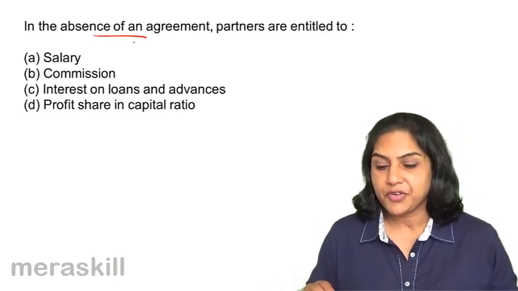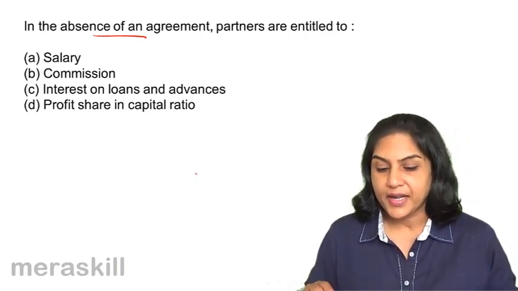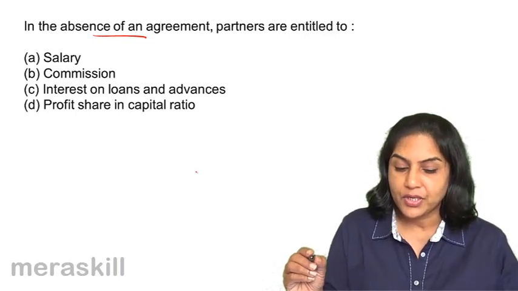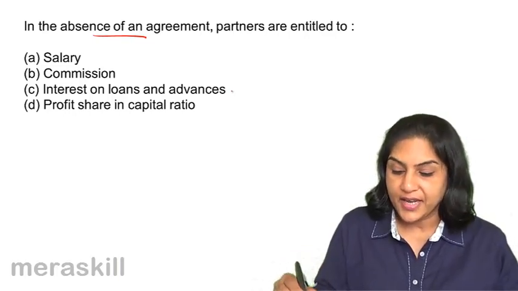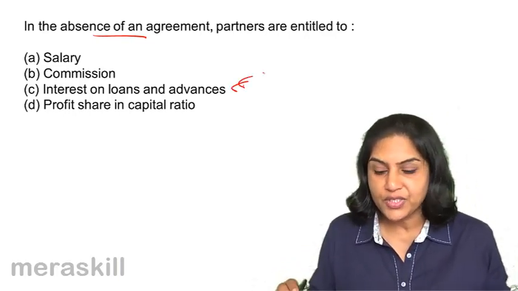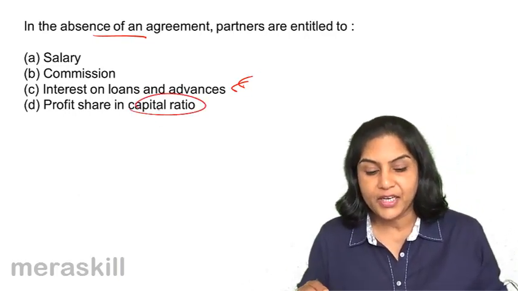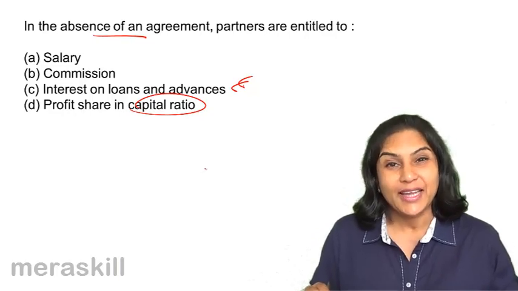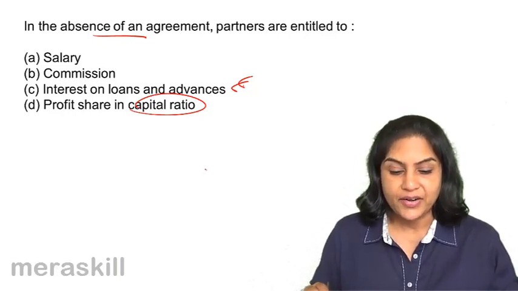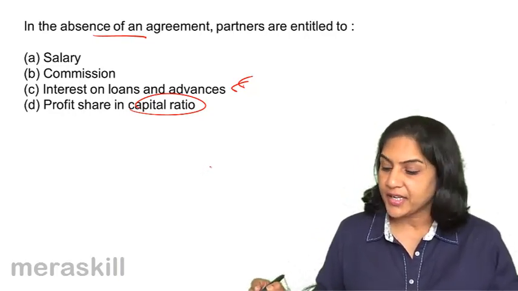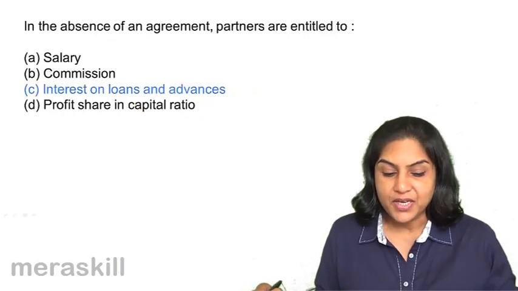In the absence of an agreement, partners are entitled to salary, no. Commission, no. Interest on loans and advances, yes. Profit in capital ratio, no. They are entitled to a profit share in equal ratio. No salary, no commission. So the correct answer in this case should be C.